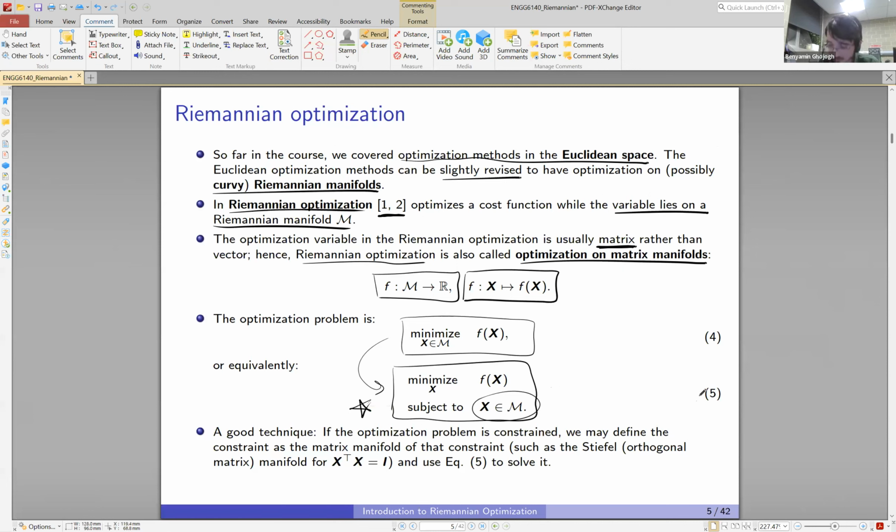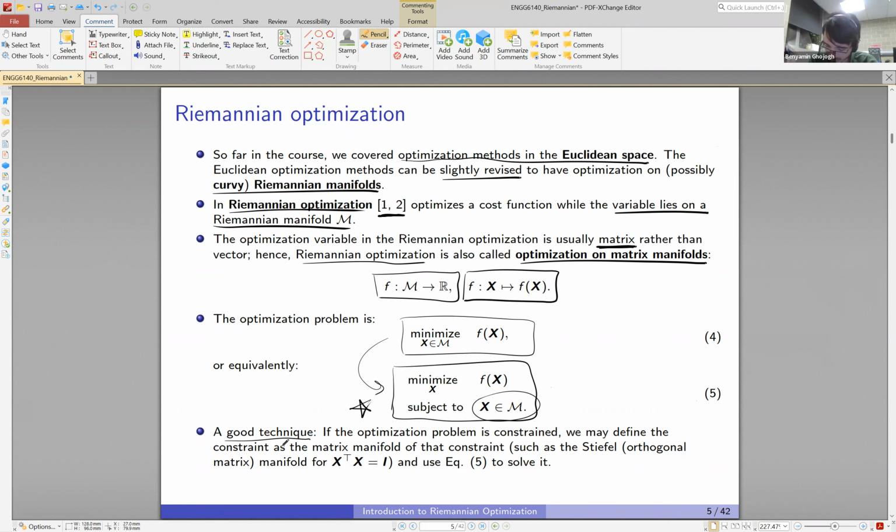Now, there is a good technique. Sometimes we have a Euclidean optimization problem, and we can convert it to a Riemannian optimization problem. How? Some constraints are actually some well-known manifolds.